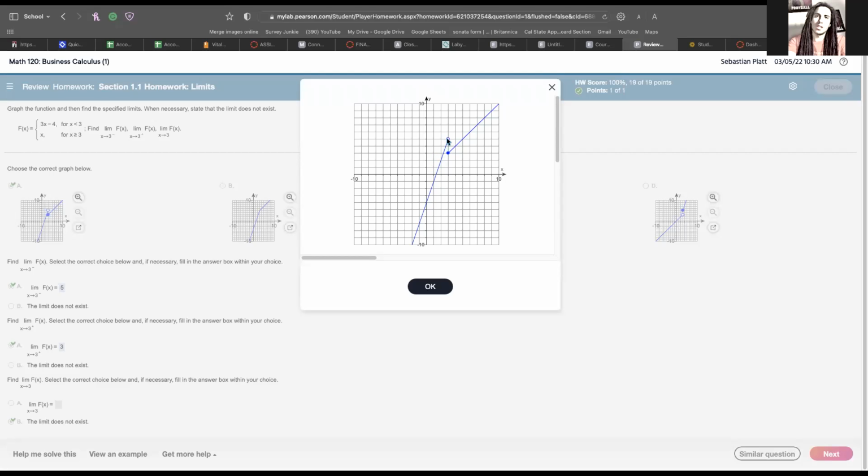What you're going to notice at the top here is we have an open circle at the value 3 for x. The reason is because it is assuming that we are doing this for any values of x that are less than 3. Therefore, it's going to be an open circle right here. But then what about for x? For x, we are assuming that it's going to come from the right.